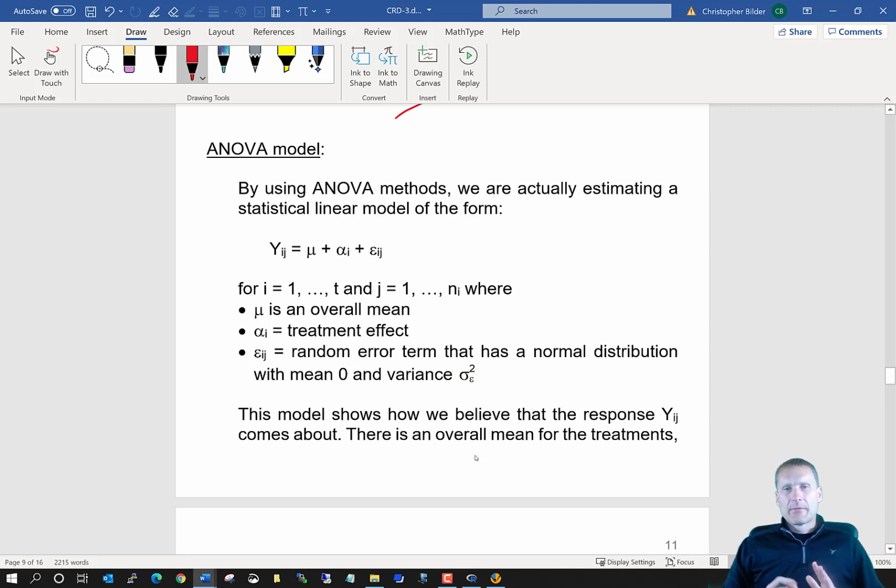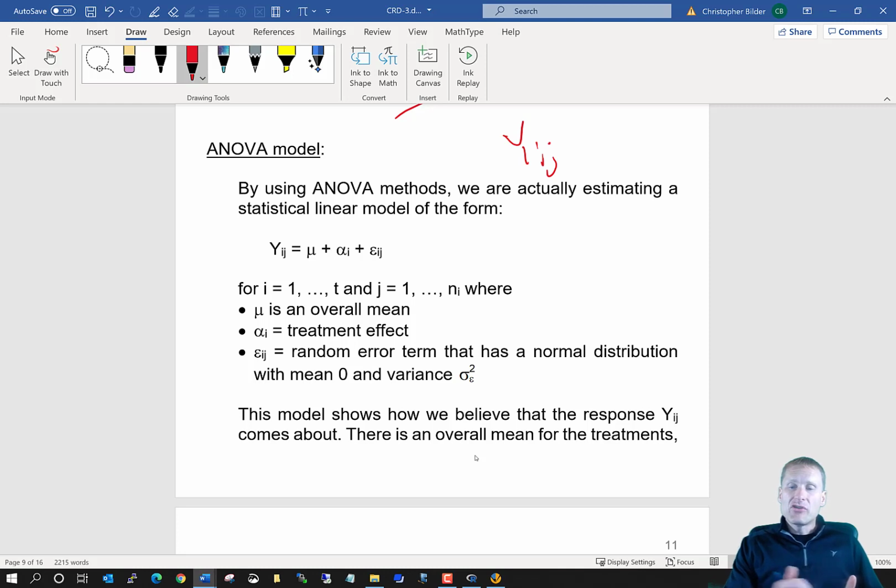Now, all this ANOVA stuff that we've been doing actually corresponds to, or you can phrase it in terms of, a statistical linear model. What I mean by the word model is that my response variable, y sub ij, where the i corresponds to the treatment or factor level, like the design type, and the j corresponds to the actual experimental unit within a design type, so like a particular store within a design type.